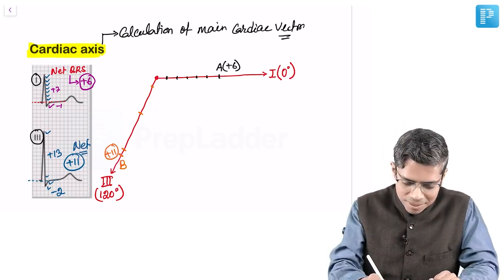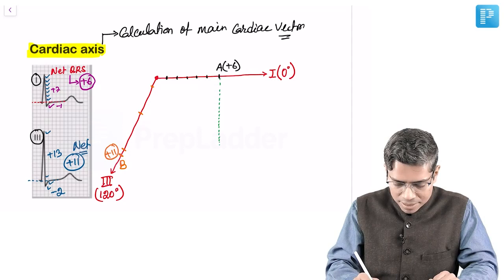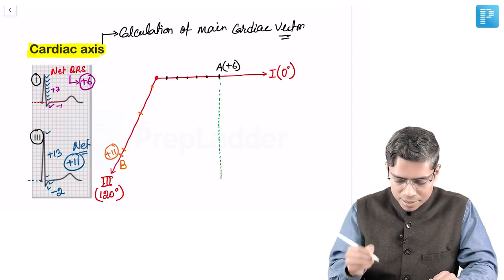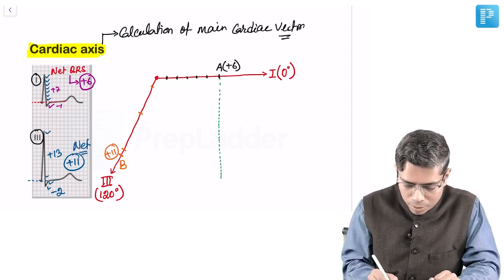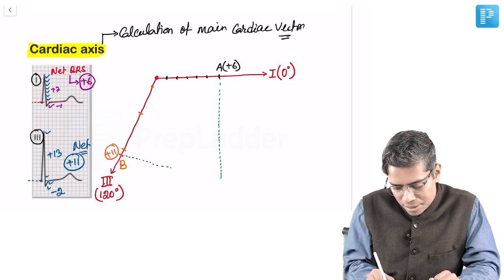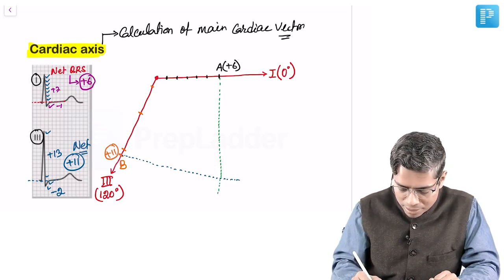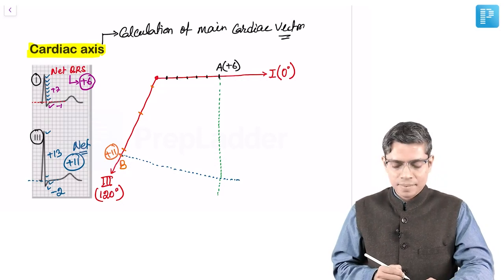Now what are you going to do? I am going to draw a perpendicular on the lead 1 axis from point A, and another perpendicular on lead 3 from point B. I am finding out the point at which both of them meet.